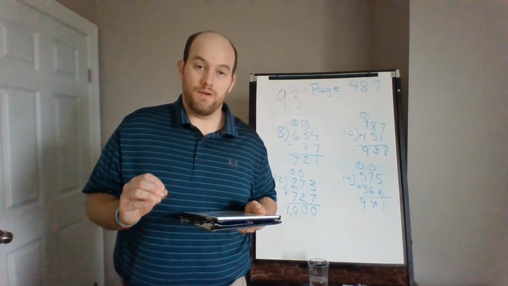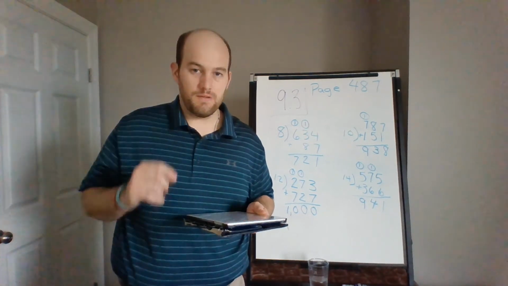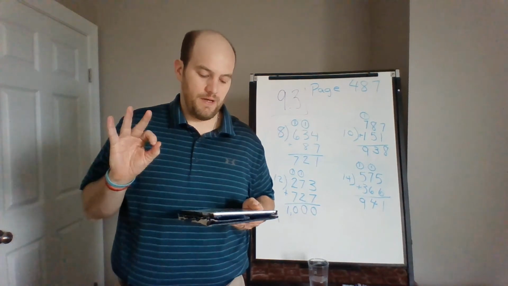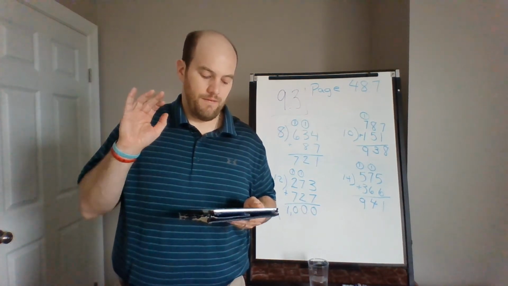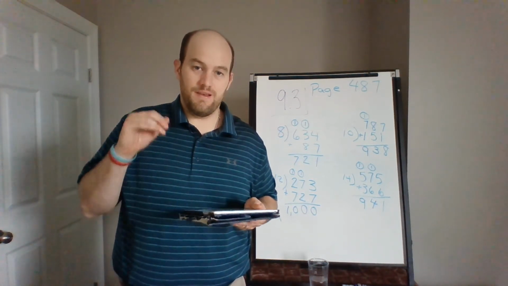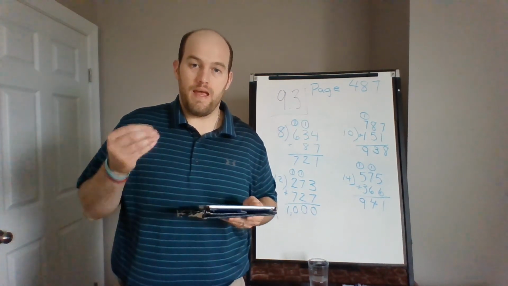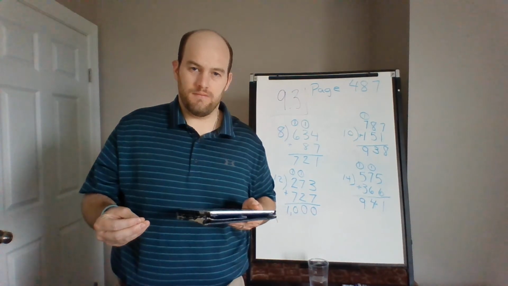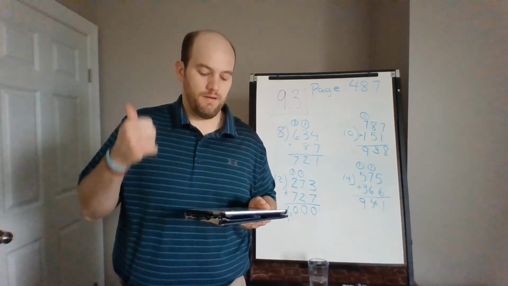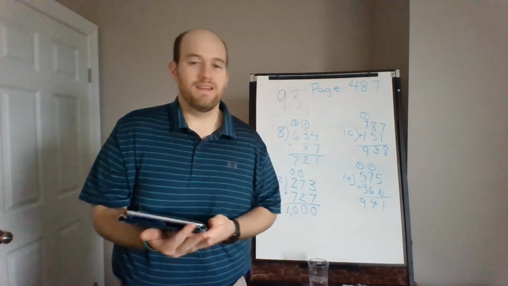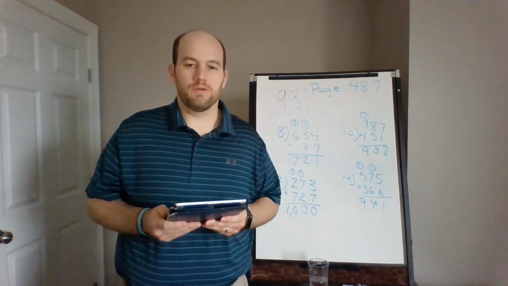So the ones I want you to circle right now, listen to Mr. McQueen: 1, 3, 5, 7, 9, and 11. How many problems is that? 6 problems. That's what I want you to do.